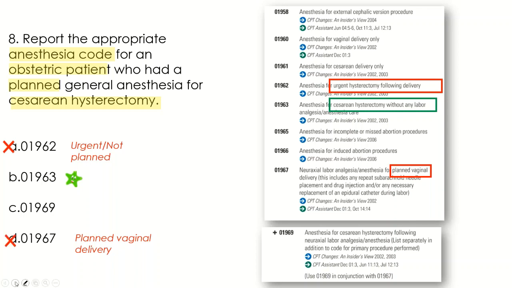So we're going to get rid of 01967. Finally, 01969, as you noted, is an add-on code. Add-on codes are just like that. You have to add them onto another thing. That means they can never be sequenced first or stand alone, and so we can get rid of C.